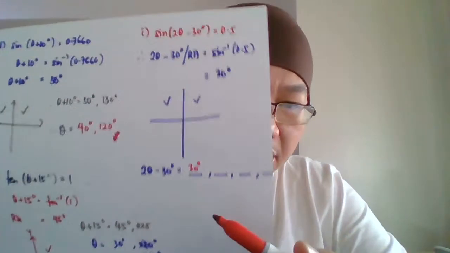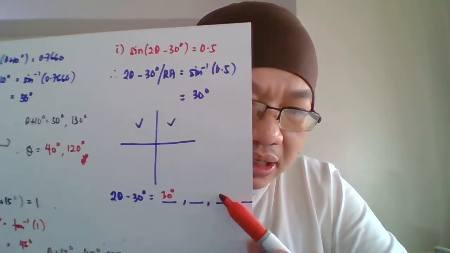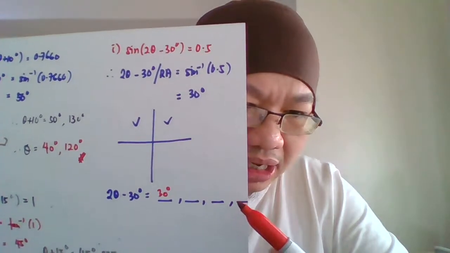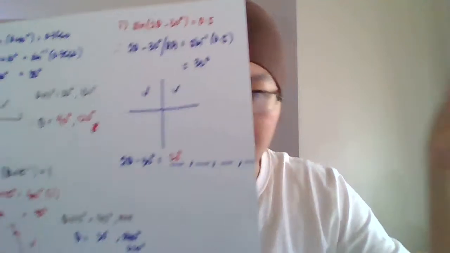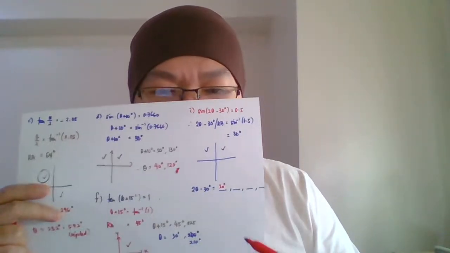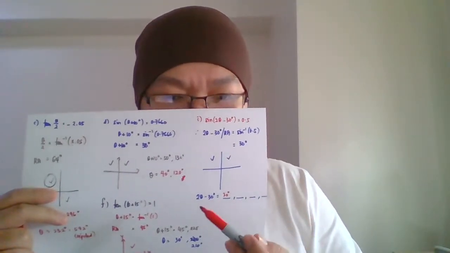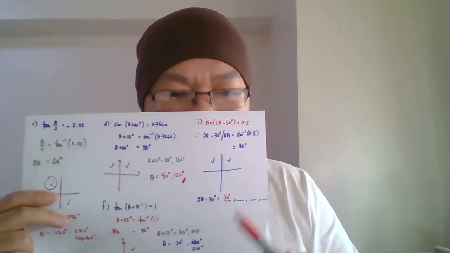Okay, I want you to calculate for me. Korang tolong kira apa jawapan on the second, third, and fourth answer. Calculate for me here. After we find the second, third, and fourth answer, then we start to simplify our 2 theta minus 30. So that will be question I. Okay, someone calculate for me this one.